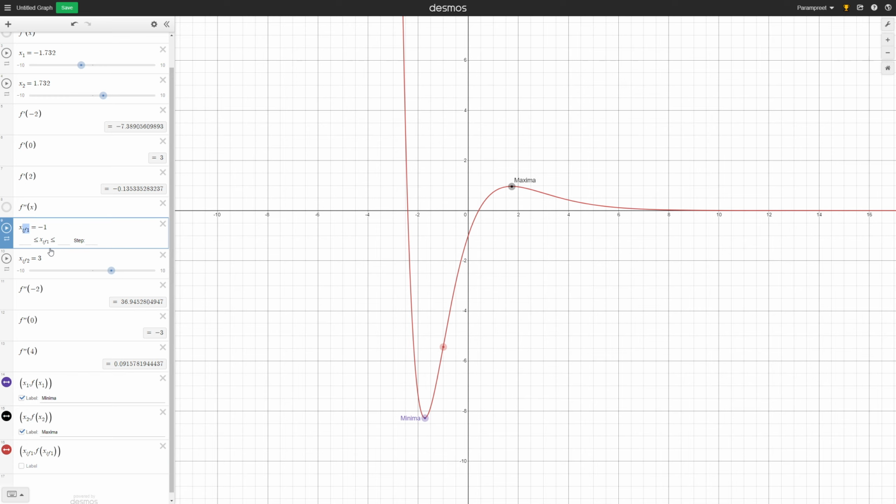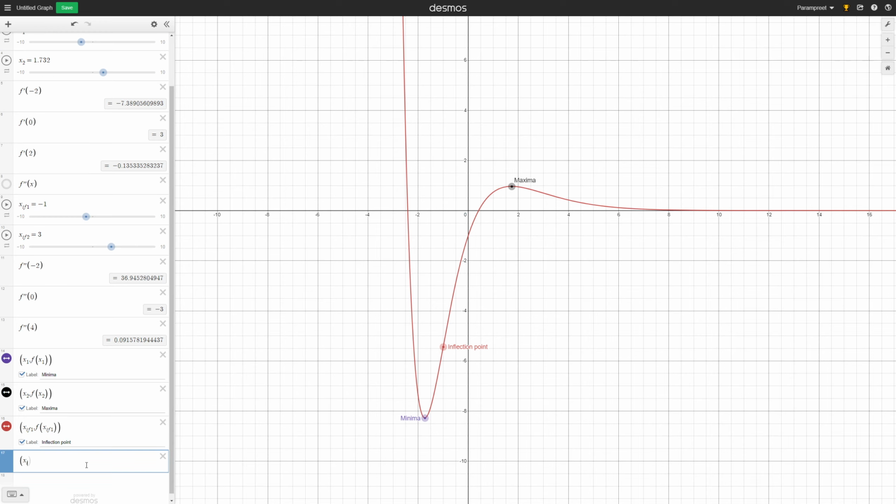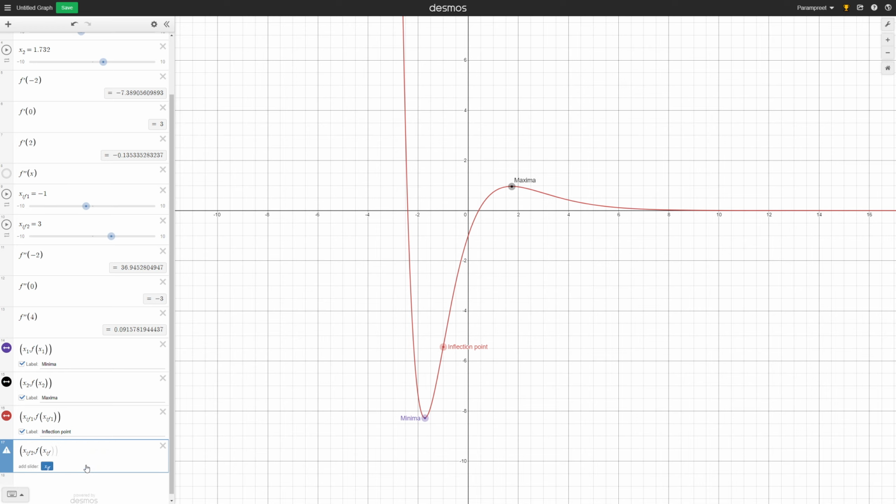I'm making overcomplicated names. You can just choose A, B, C, whatever you want to call them, and it will be easier. So this is your inflection point number 1. That's that. And now the other point is going to be x inflection point 2, with the function's value at the x inflection point 2. So that's why you see the other inflection point over there. We'll label that as well.